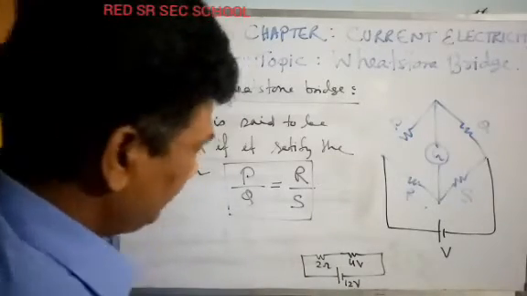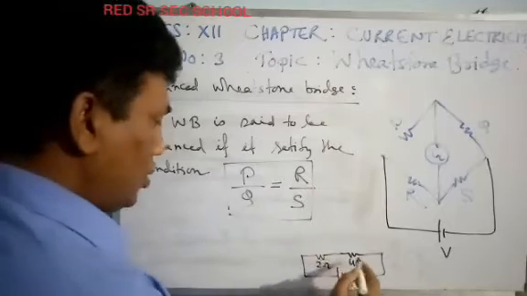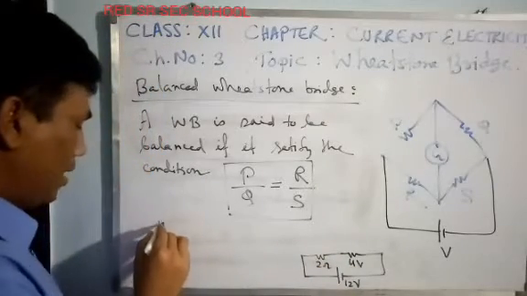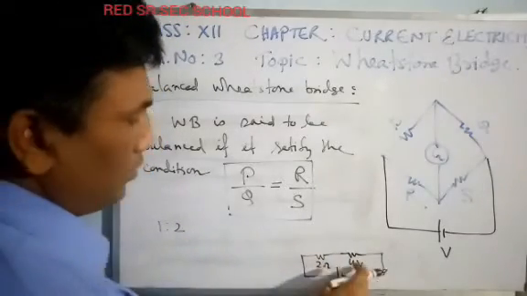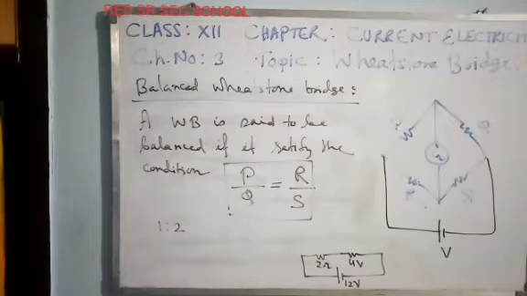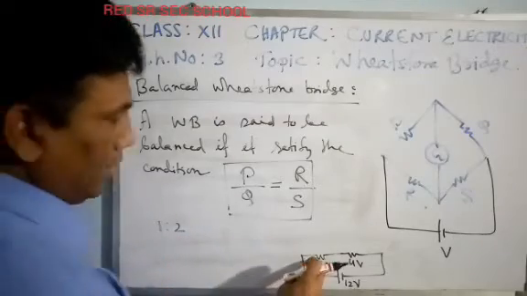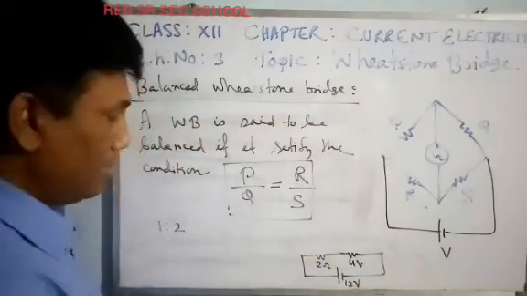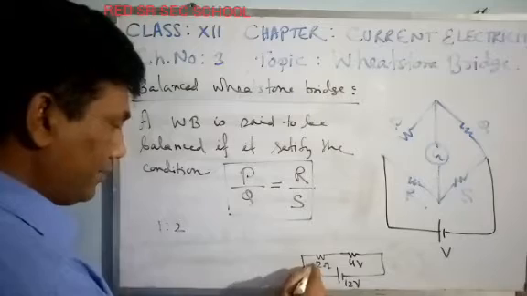Now you see, what is the ratio of resistance? 1:2. Yes, 2:4 means 1:2. It means the applied voltage 12 volt will be divided in the ratio of 1:2 along the resistance. So what will be the voltage drop here?